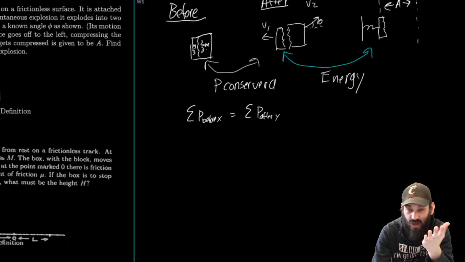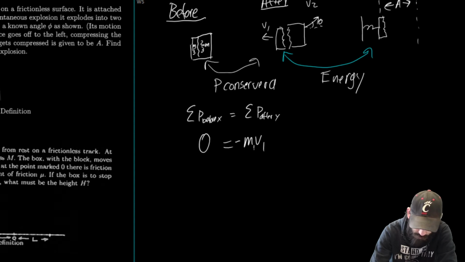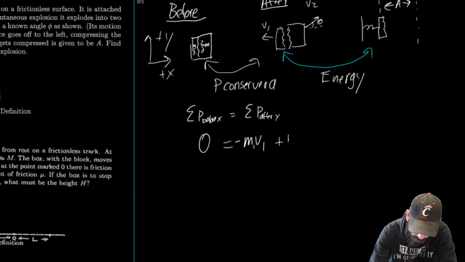Initially, what's happening here is kind of boring. It's just sitting there. Nothing's happening. And this is going to be equal to m1v1, with a minus sign because I'm going to say that this is the plus x direction and this is the plus y direction, plus m2v2 times sine of theta.